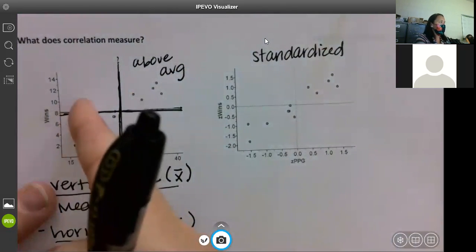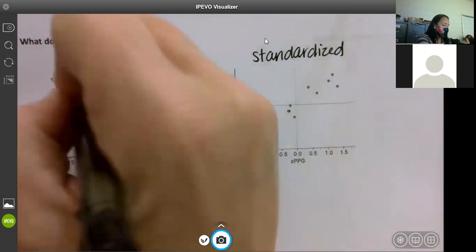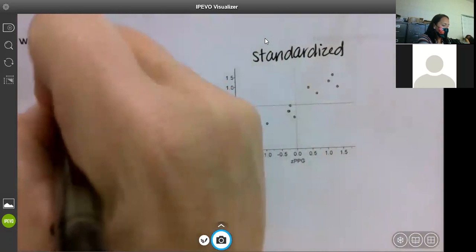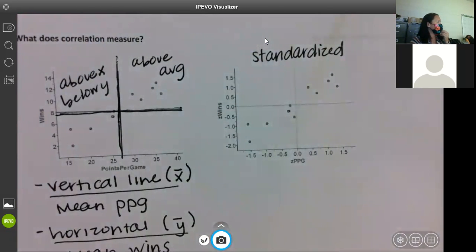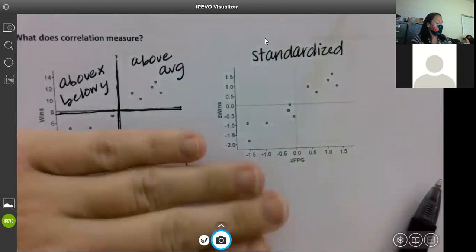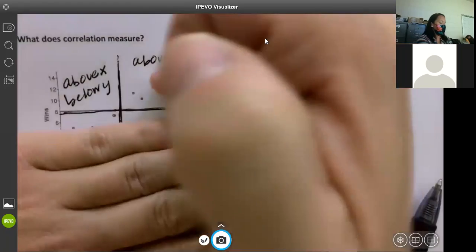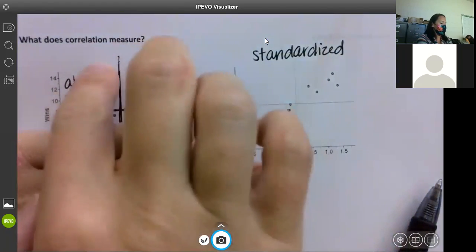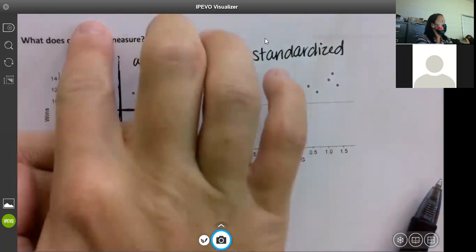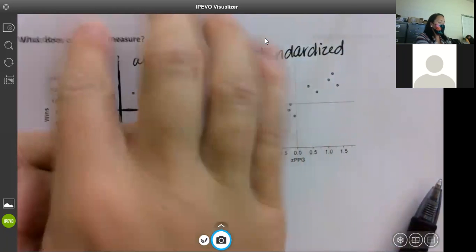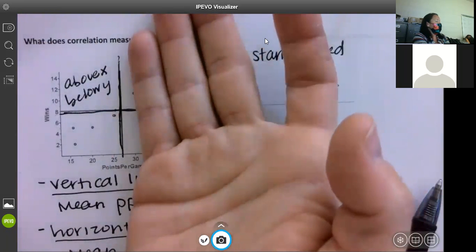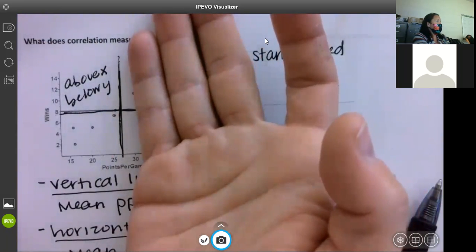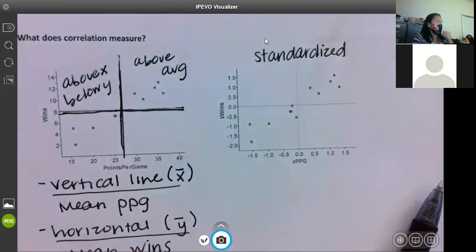This one would be above X, but below Y average. Does everybody understand how that's working? So here's your X. These spots, if you had points up here, they would be above the X. But here's the Y coordinate. These are lower than the Y mean, so they would be below Y. Make sense? Okay. So this one would be below that.